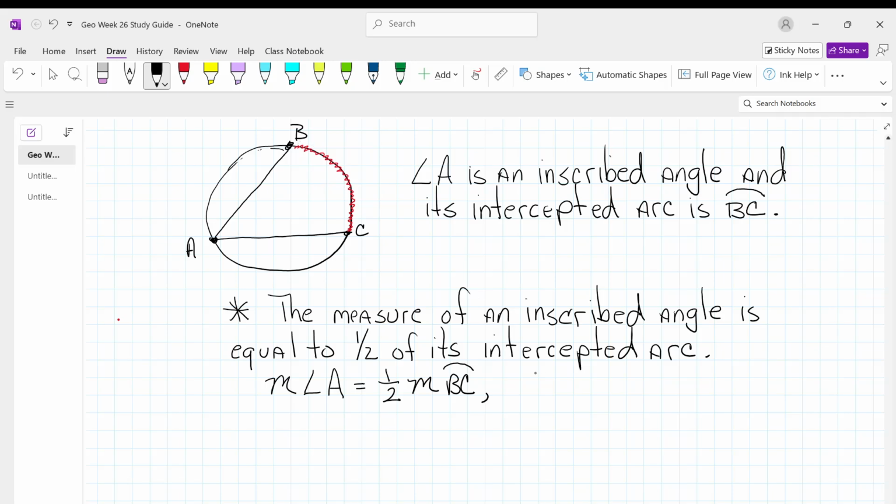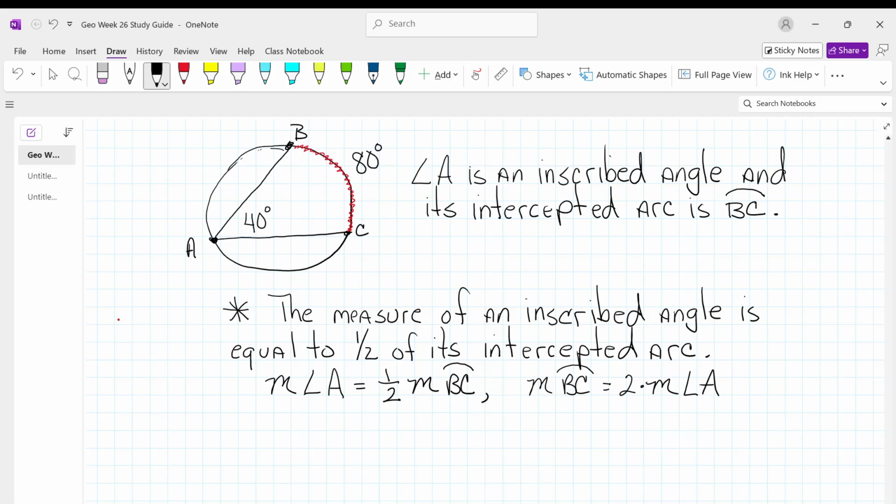The measure of the arc BC is equal to 2 times the measure of angle A. So if angle A in this diagram is 40 degrees, what's the measure of arc BC? 80 degrees.